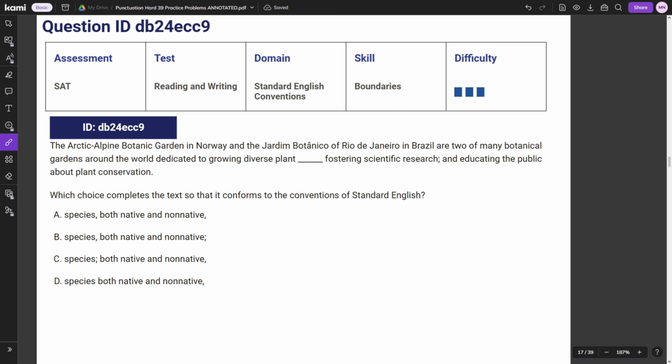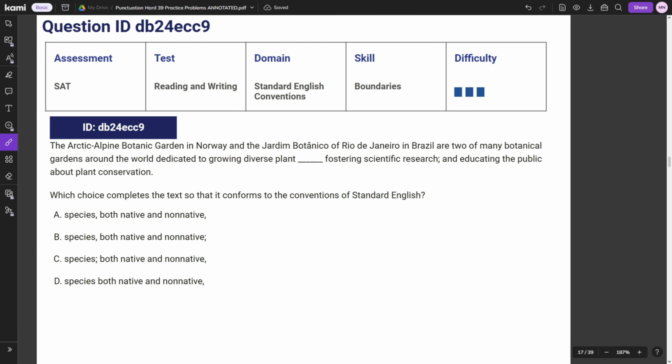Question number 17, let's look at our answer choices. You notice here that our answer choices have semicolons. Now we've seen three uses of semicolons so far. The first is when we're connecting two independent clauses. The second is in transition questions. And now for the third time, it's going to be used in a complex list. You can quickly confirm that this is going to be a complex list by looking inside of the text.